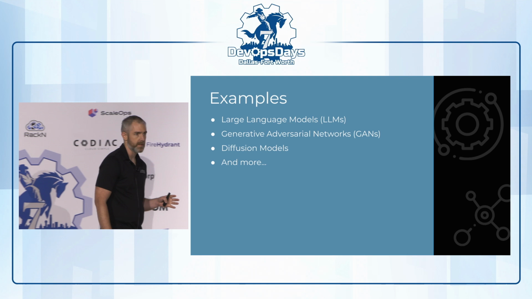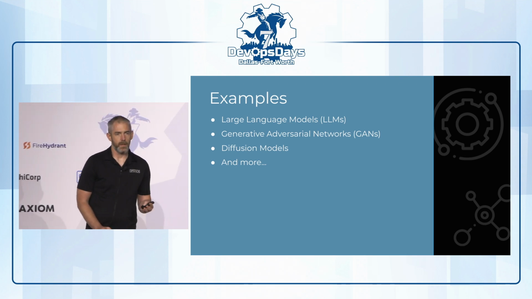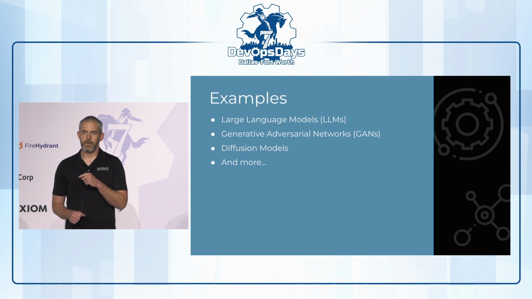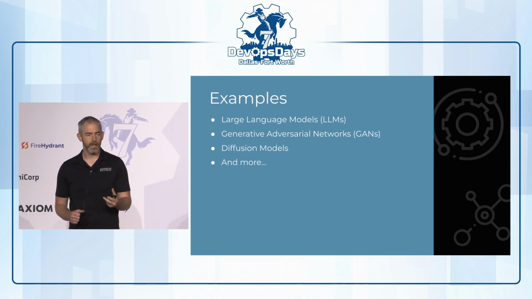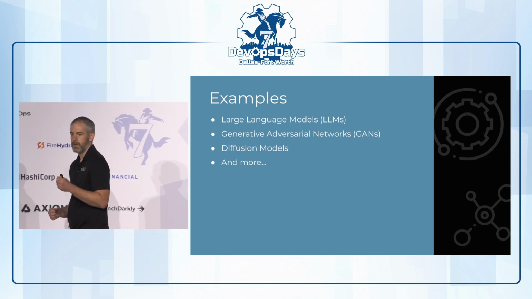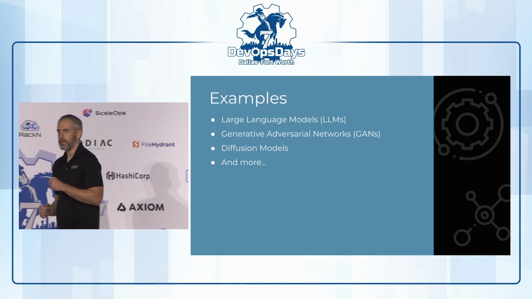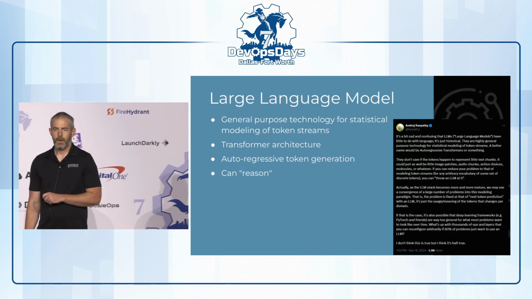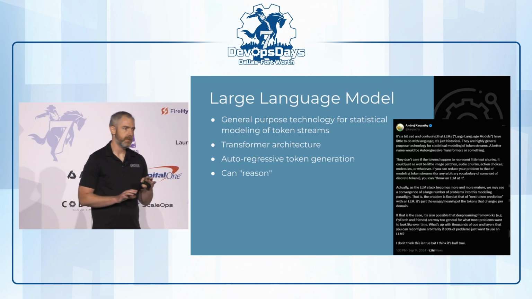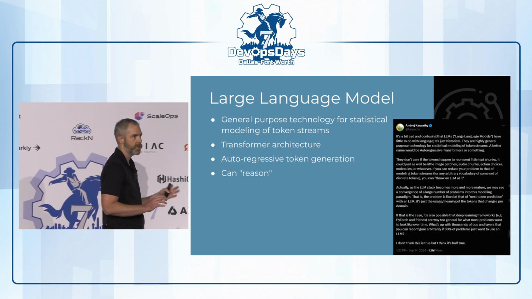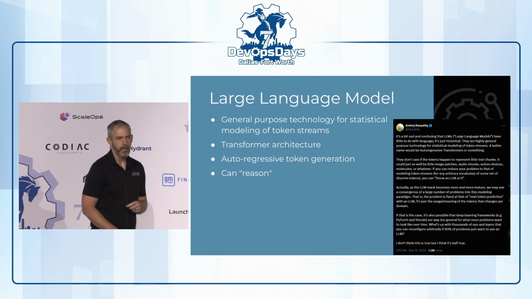Some examples of this would be large language models like ChatGPT, Anthropic's Claude, generative adversarial models like StyleGAN, diffusion models such as DALL-E, Flux, Stable Diffusion, Midjourney, and more. But today, I think the type of generative AI that is most ready to be used is large language models.